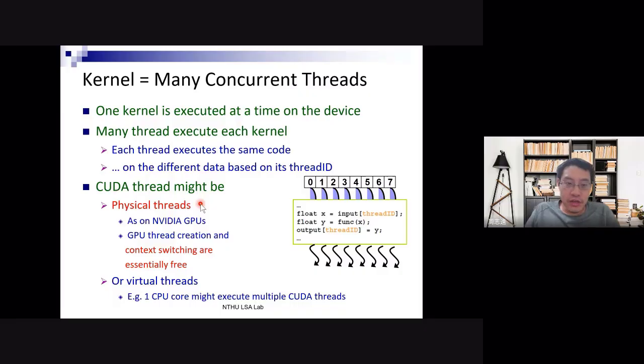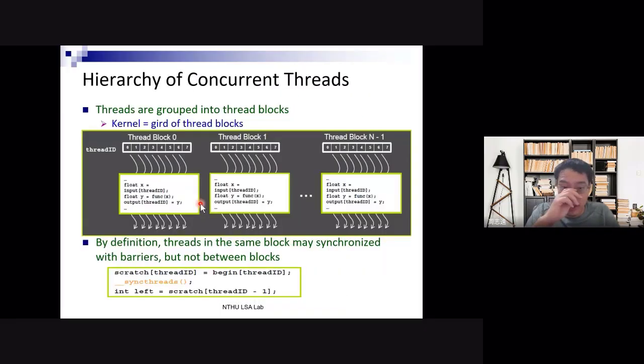It's just good to know so you can understand why the design of the GPU is like that. For those threads, you can have even more than thousands of threads. How are those threads managed?